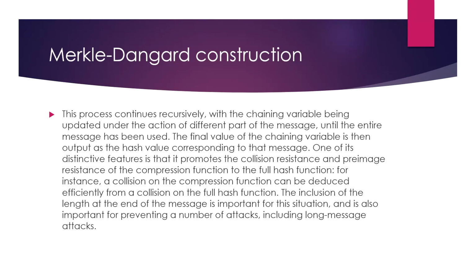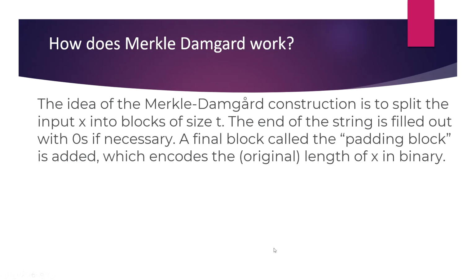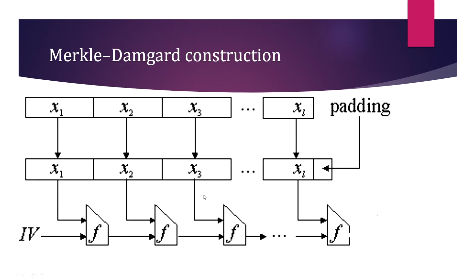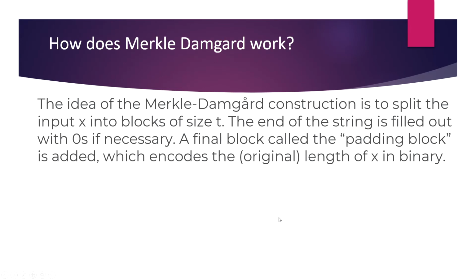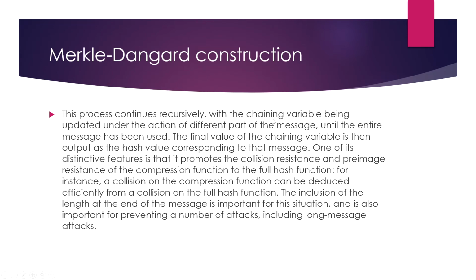Okay, the Merkle-Damgård construction. This process continues recursively. We have seen here this process is being done recursively, with the chaining variable being updated under the action of different parts of the message until the entire message has been used.